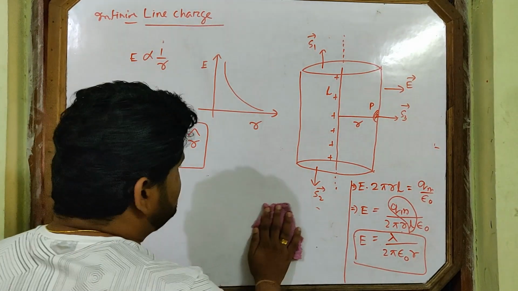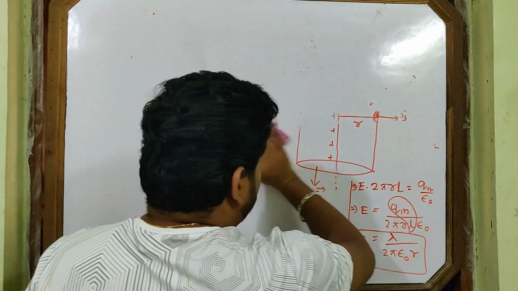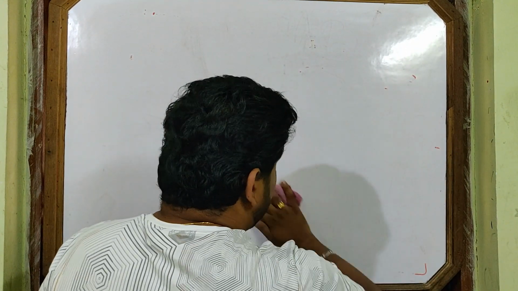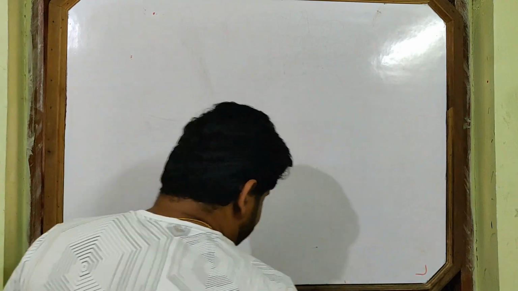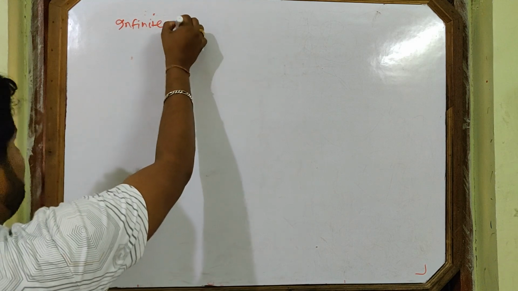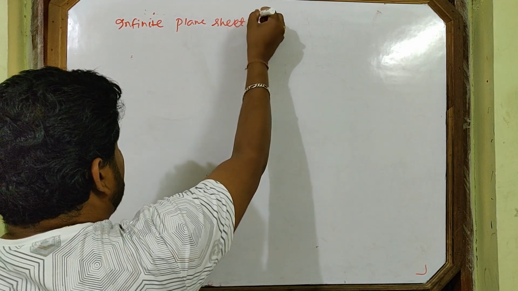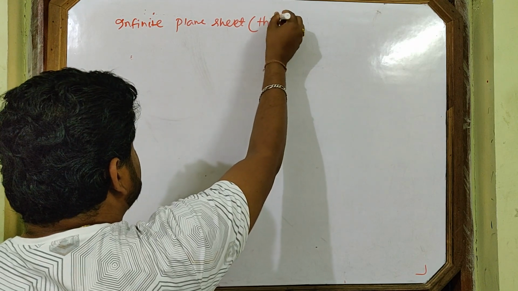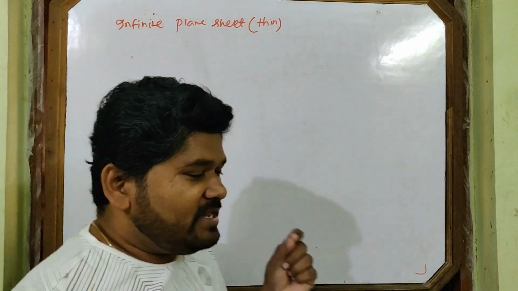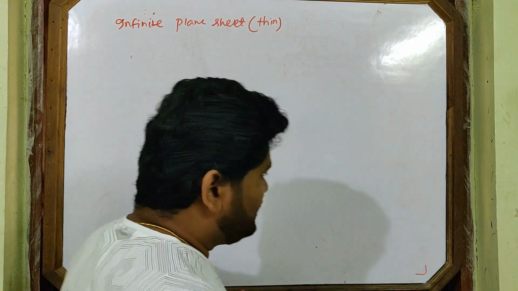Now we will go to application number 2. Infinite plane sheet. This is an infinite thin plane sheet, which means its width is neglected in comparison to the size of the sheet.